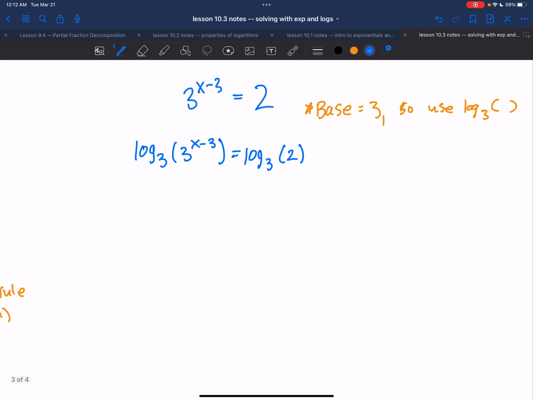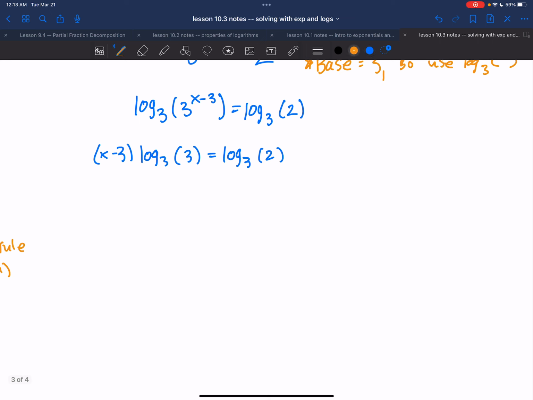Okay, and now I'm going to use the exact same power rule as I did last time. Move x minus 3 out in front. I say x minus 3 times log base 3 of 3 equals log base 3 of 2. But hey, guess what? Log base 3 of 3, the reason that we chose this log is because log base 3 of 3 is 1.